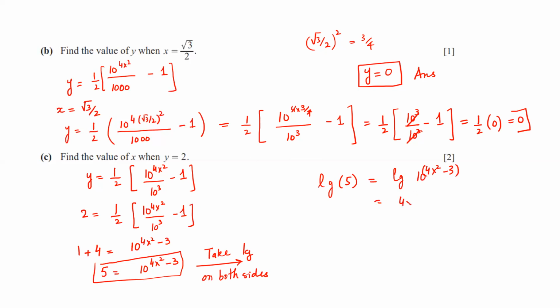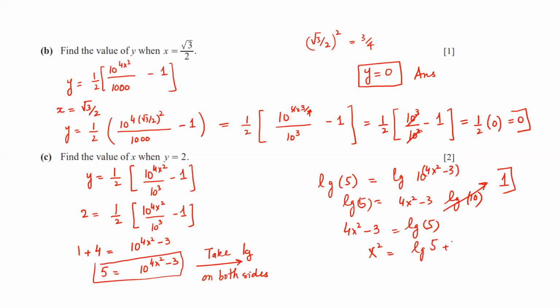This comes out to be 4x square minus 3 times log of 10. Remember, log of 10 is equal to 1. So we are left with 4x square minus 3 equals log of 5.